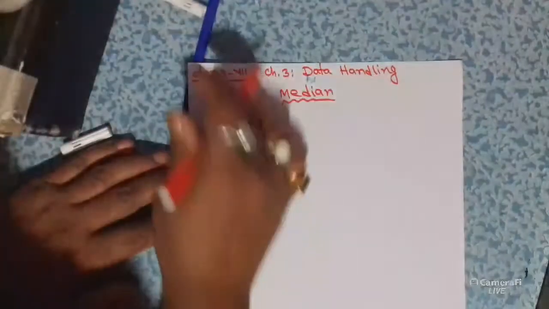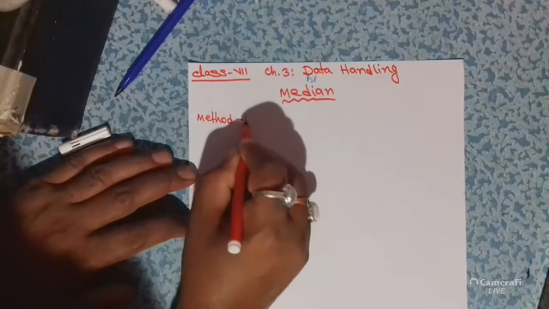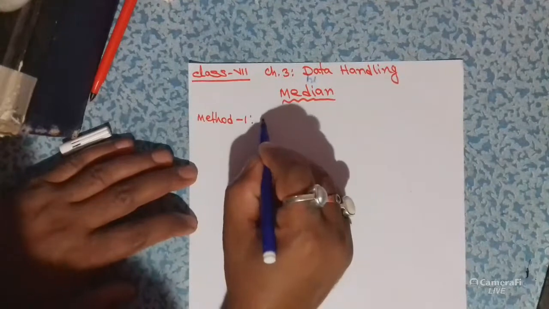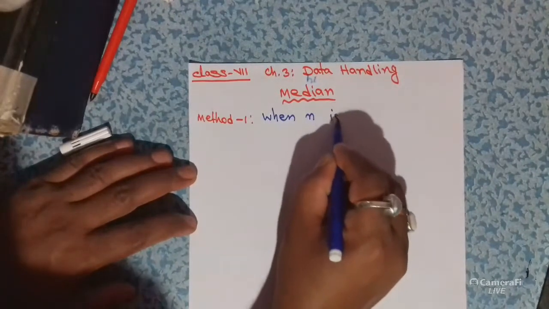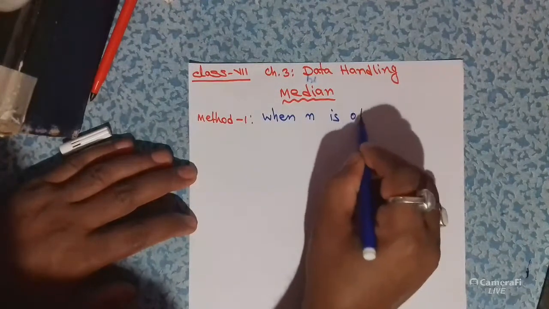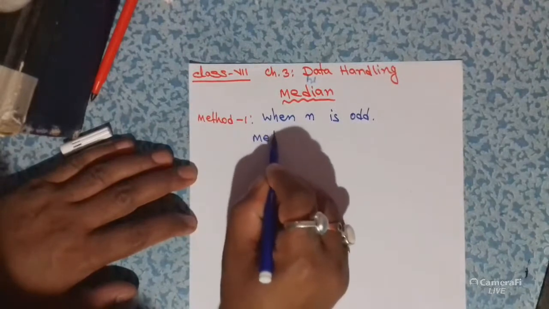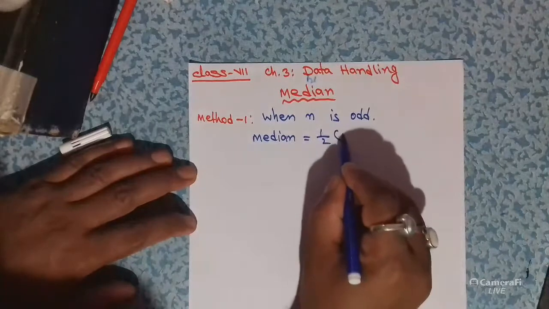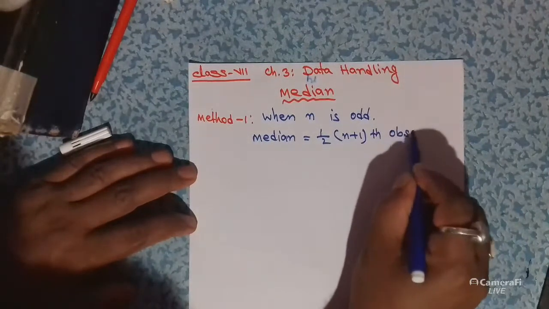Method 1: when n is odd, then median equals the (n plus 1) by 2 th observation.